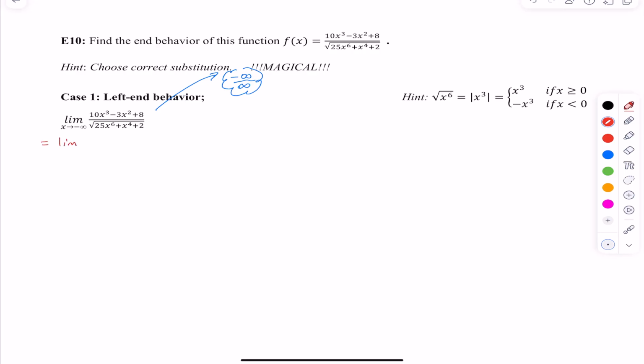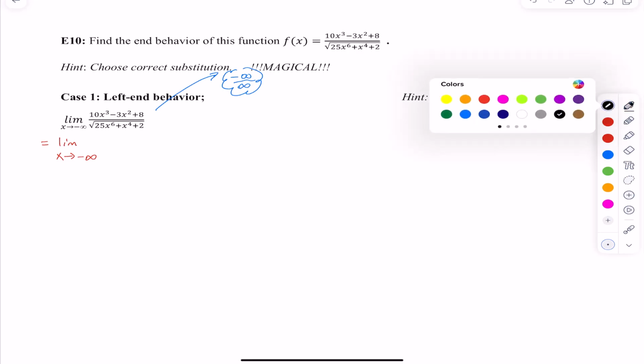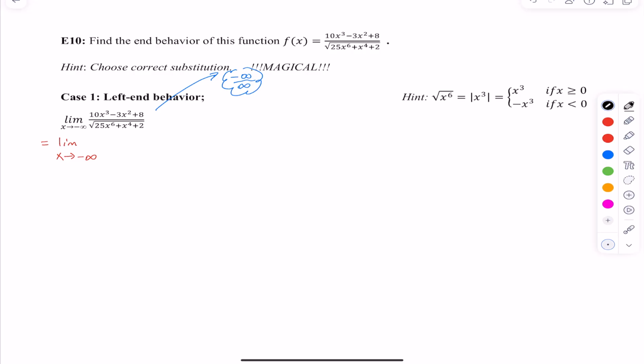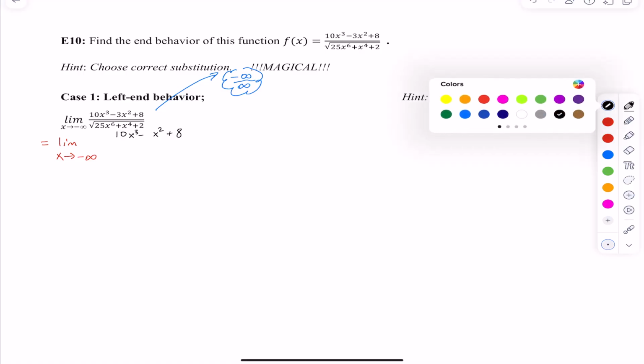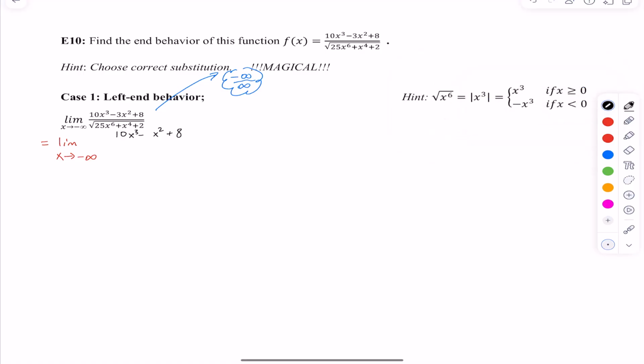So instead, what we're going to do is use some magic. Remember here, magic just means algebra. And we're going to notice the domain of x values that are approaching negative infinity. And we're going to keep the numerator to be the same, but try to simplify the denominator.